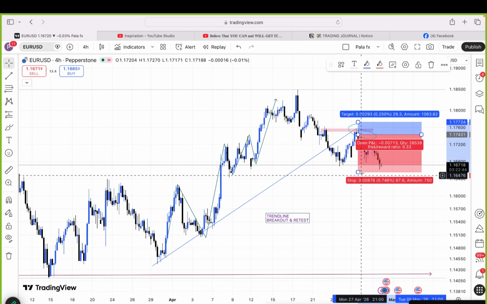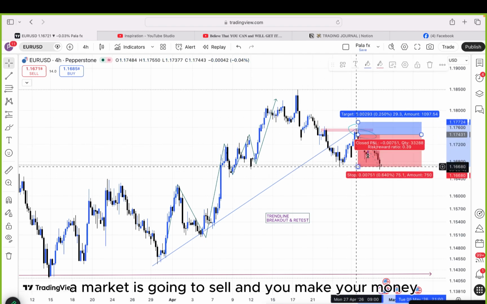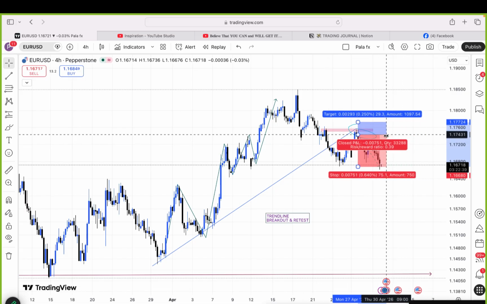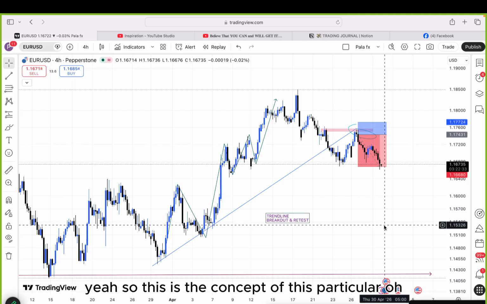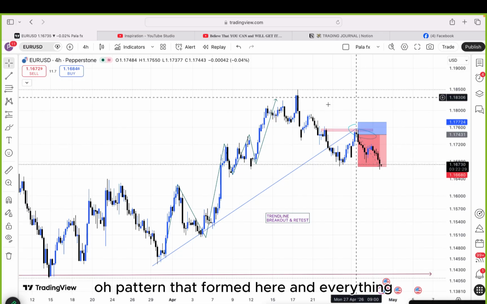The market is going to sell and you make your money. Are you guys getting me? So this is the concept of this particular pattern that formed here.